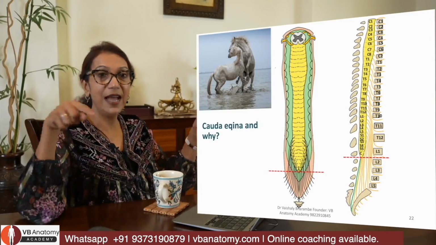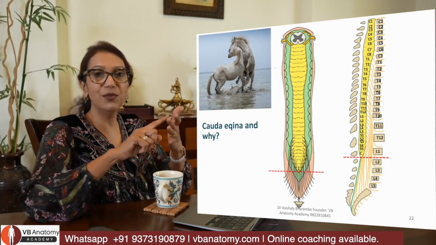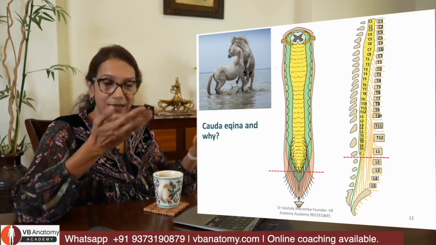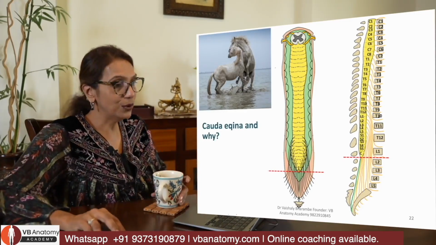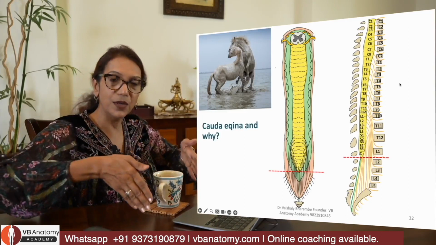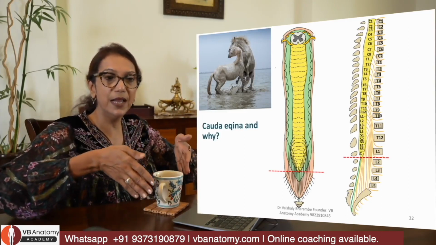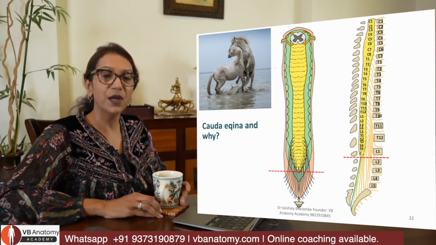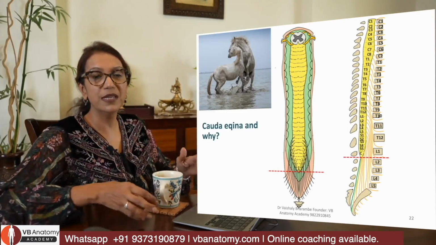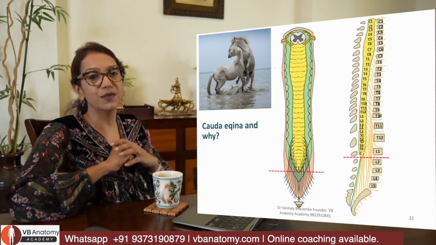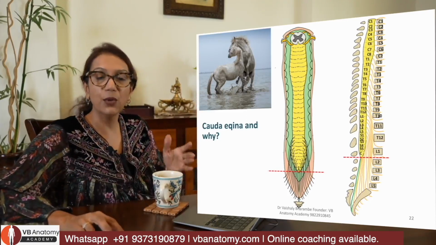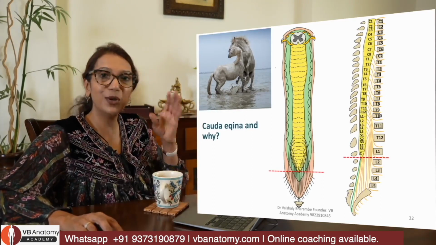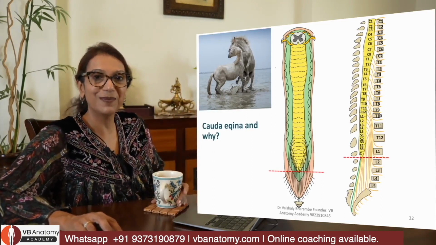L2, 3, 4, 5, S1, 2, 3, 4, 5, coccygeal, they still have to exit. So they all descend downwards in the vertebral canal and emerge out of their individual intervertebral foramen. As they descend downwards, they create a bunch of nerves which are called Cauda equina, or the tail of a horse. Now do you understand what a horse is doing on my video?